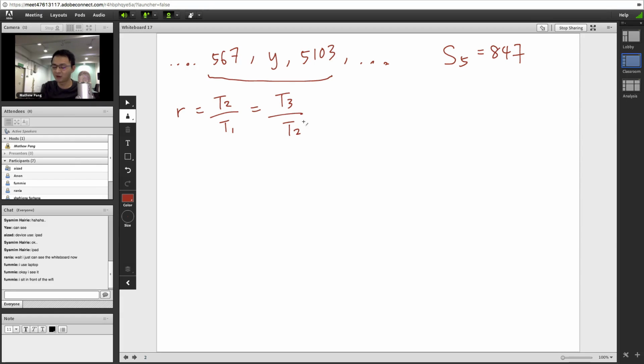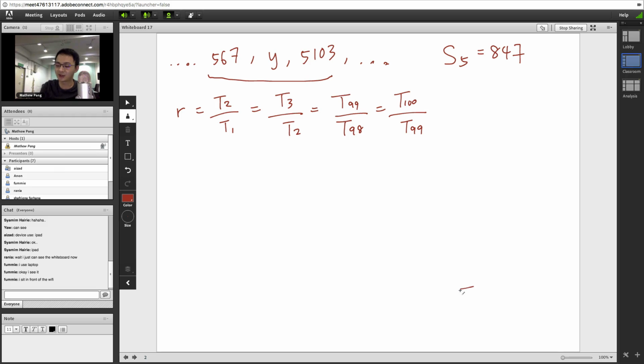You don't necessarily need to start with the first term. You just need to understand that it is the later term divided by the previous term. For example, term 99 over term 98 equals term 100 over term 99.